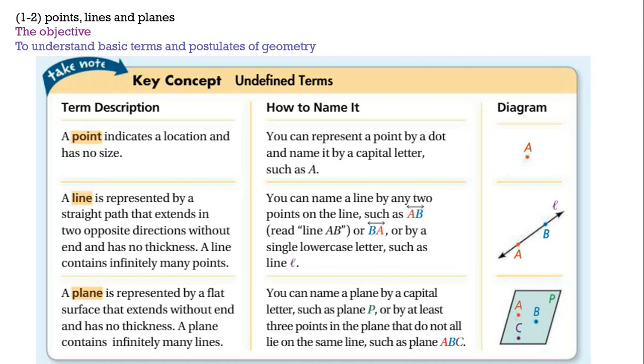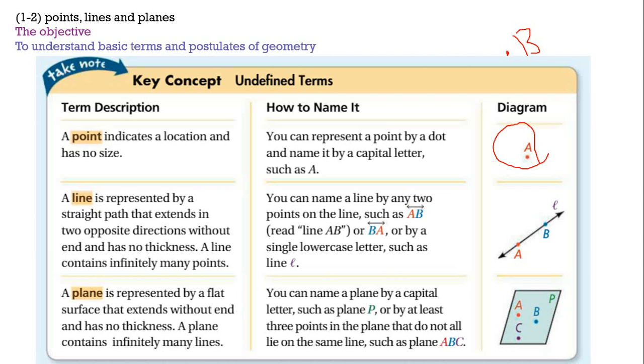As an example, a point is this one. It's just a dot, and you can represent it by using a capital letter like A, for example, B, and so on. Any capital letter and a dot, this is a point.